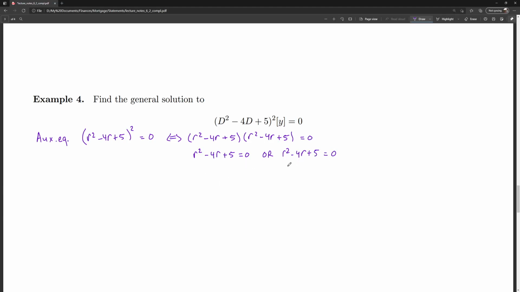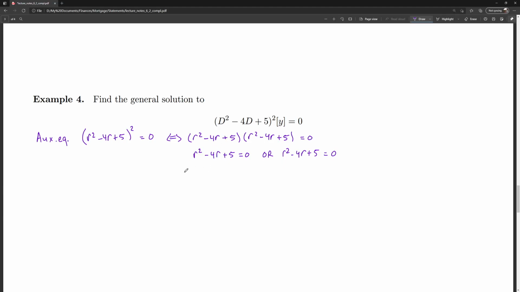Now, that's double work, of course. We're not going to solve the same thing twice. So we solve this once, and then whatever we get from that will have multiplicity 2. So the two solutions here each have multiplicity 2.